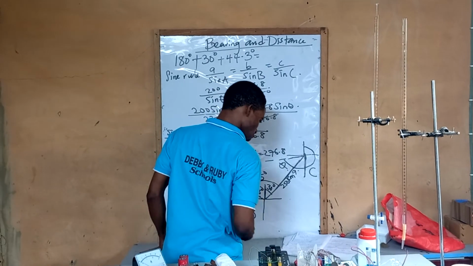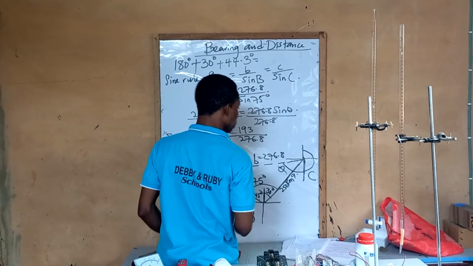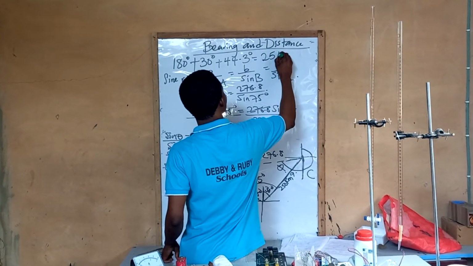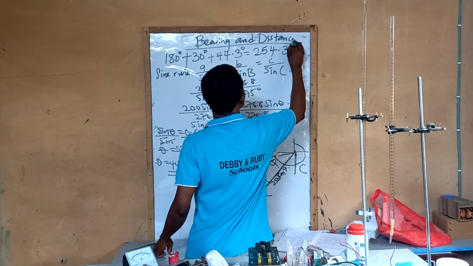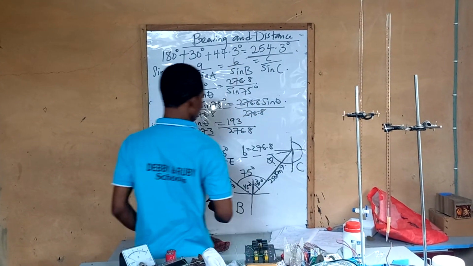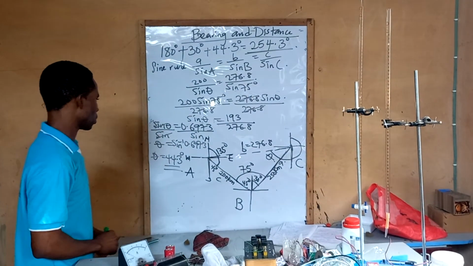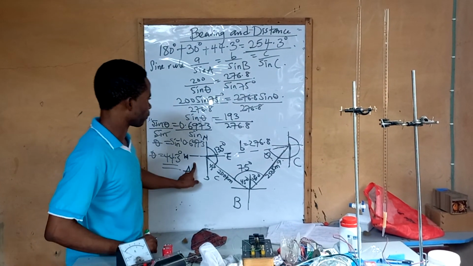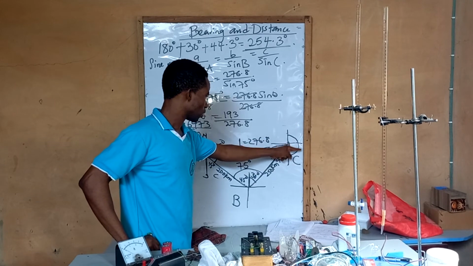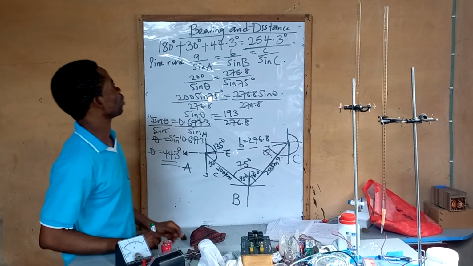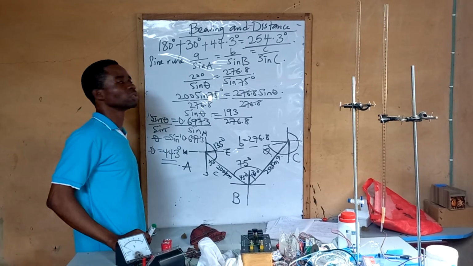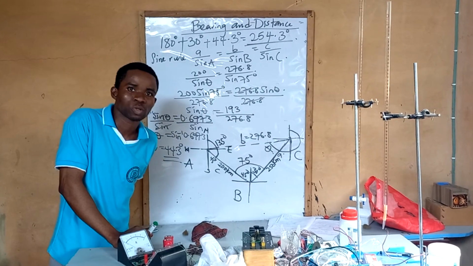So 210 plus 44.3 gives me 254.3 degrees. So that means the bearing of A from C, everything from here to where you set the line, is 254.3 degrees. So for today, this is where I'm going to stop.